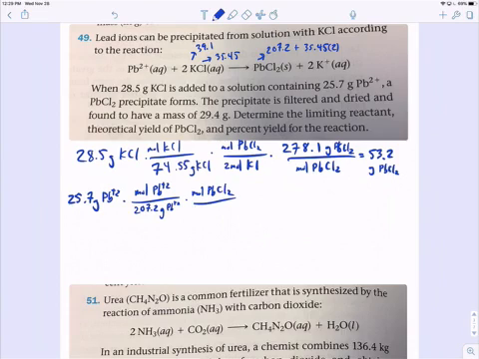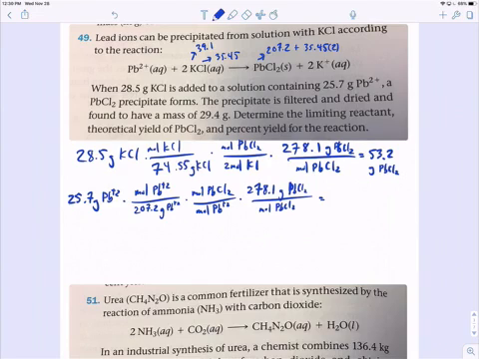Then one mole PbCl2 to one mole Pb plus 2, and 278.1 grams PbCl2 per mole PbCl2. All right.